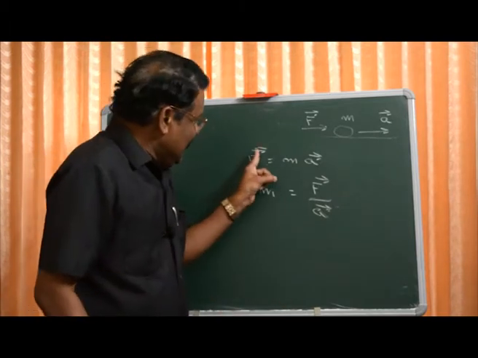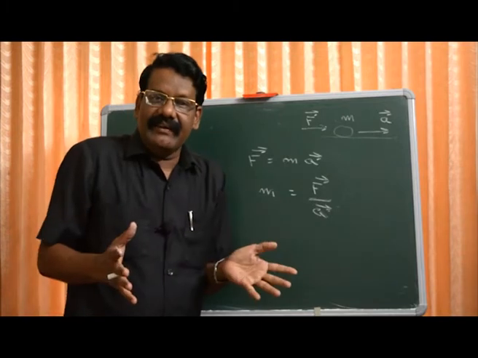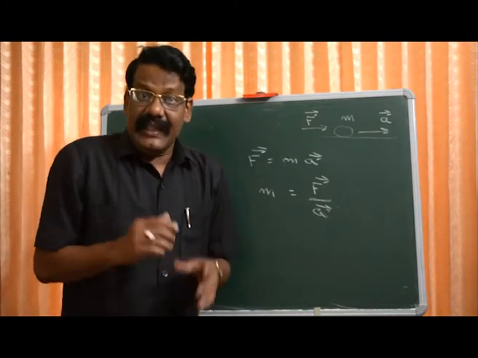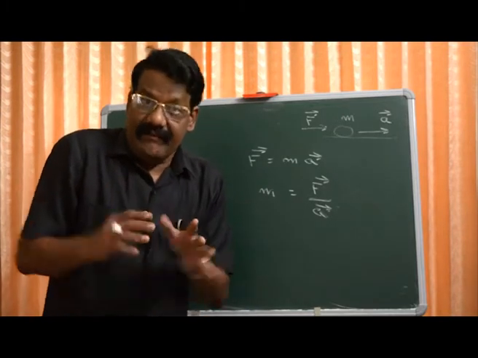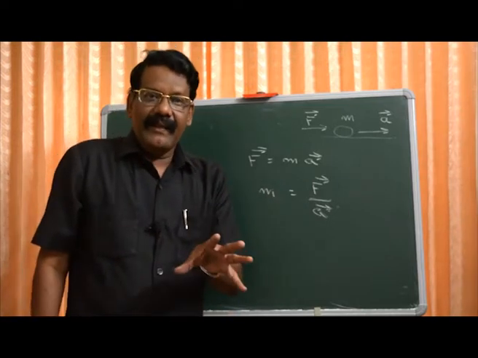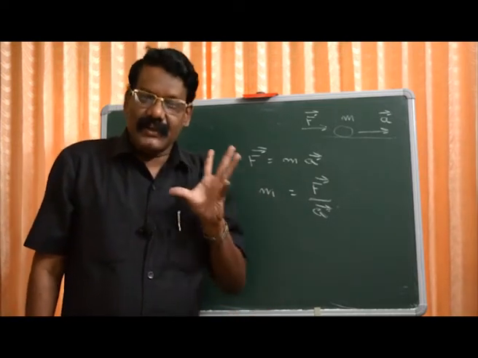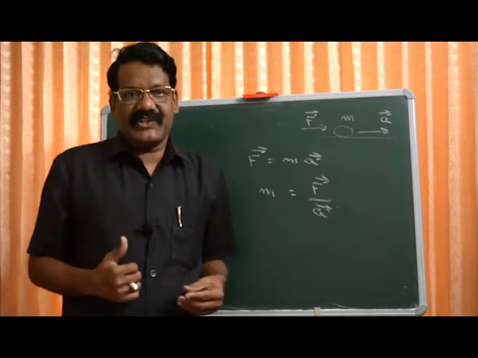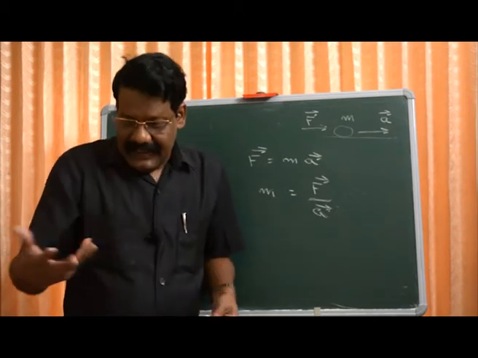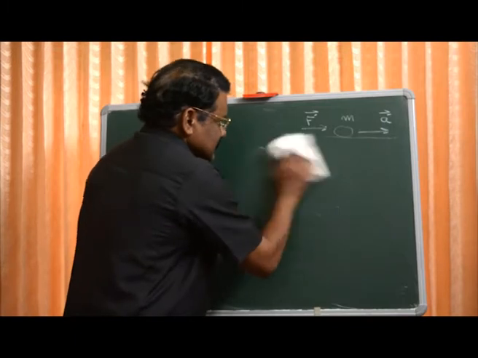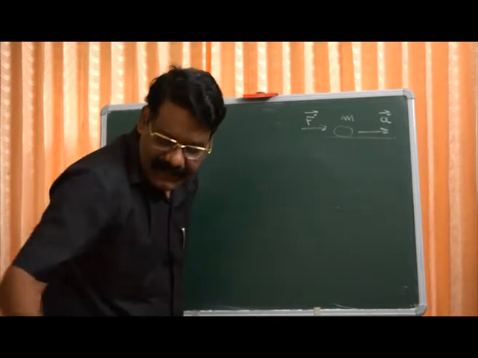Suppose F and A are having different directions, so the nature of M will be different. Here the tool tensor emerges. Let me put it in another way.